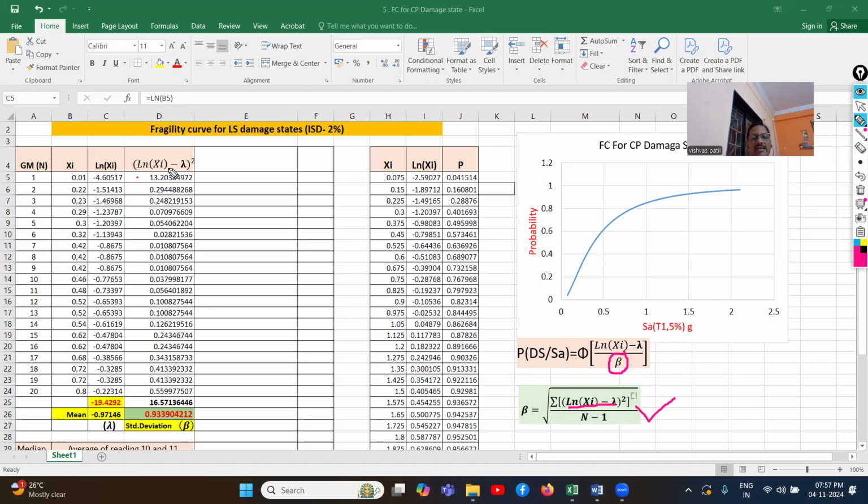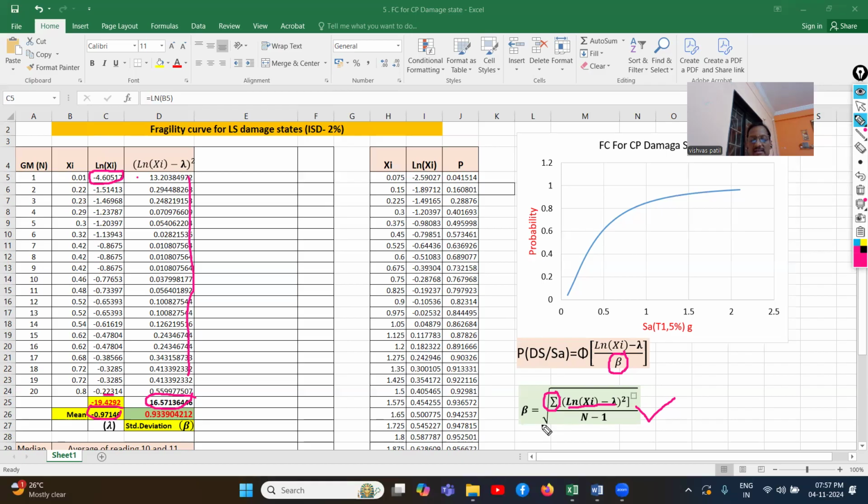This is ln xi, this value minus the lambda value is this, and the square of this term will be this. Then find the summation of column D, because in the standard deviation there is a summation.